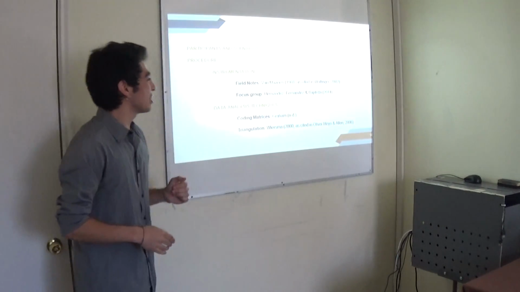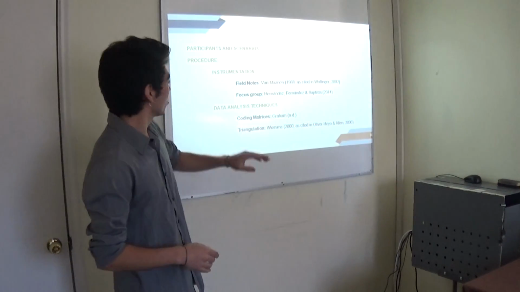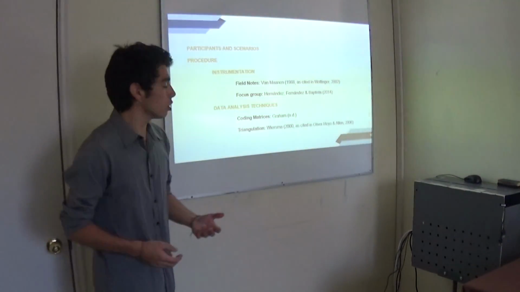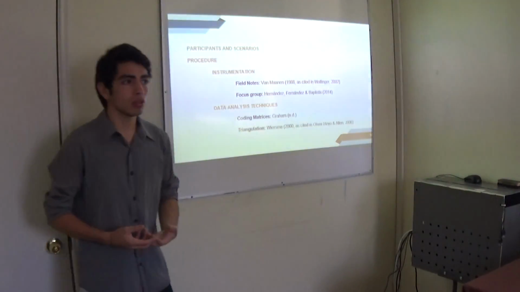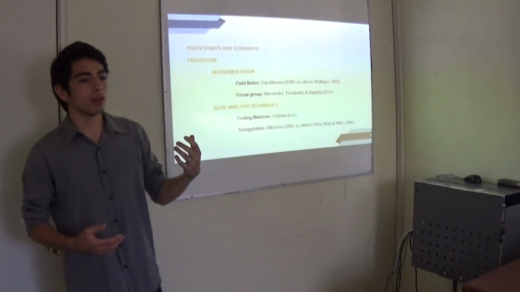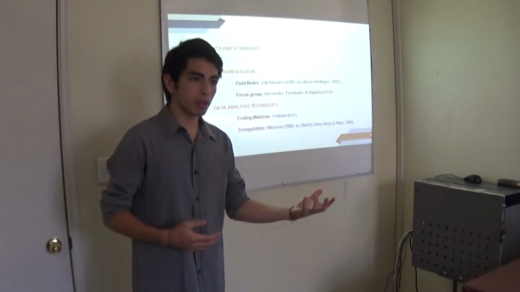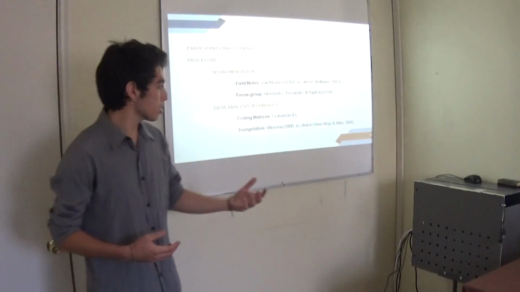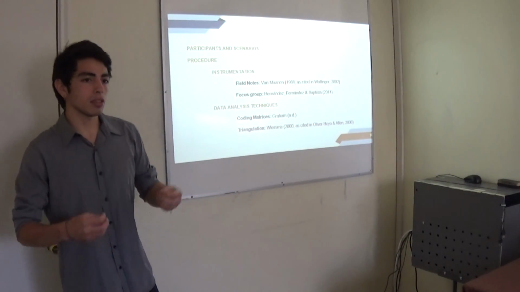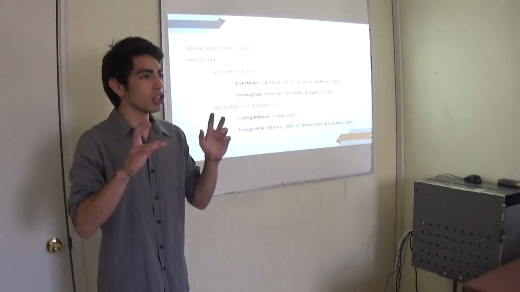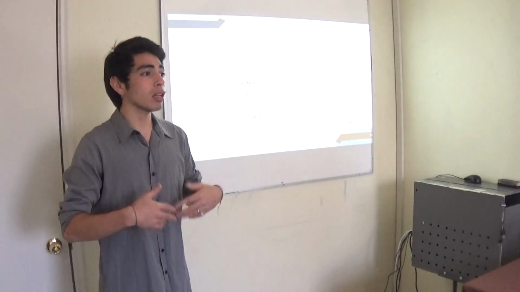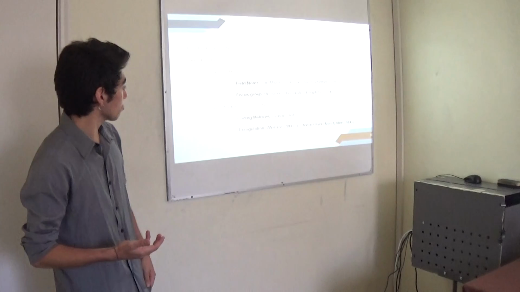So the procedure focuses on two steps: the instrumentation and the data analysis techniques. Two instruments were chosen, the first one being field notes, which, defined by Van Manen, are only raw, empirical information taken from a certain context. And a focus group. A focus group is a type of conversation in which the participants' perceptions are taken into account and meaning is built collectively.